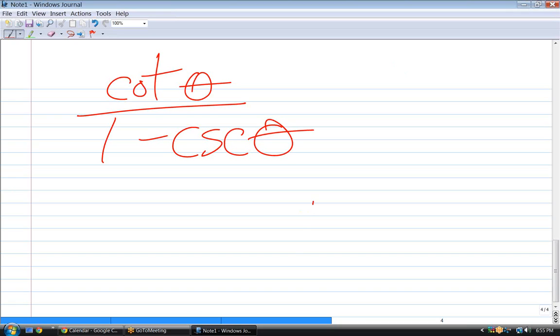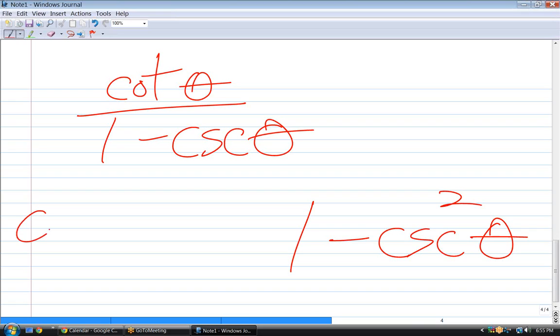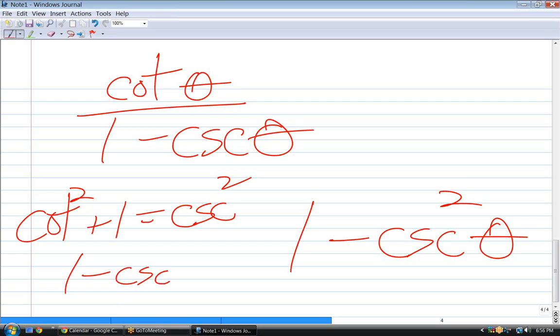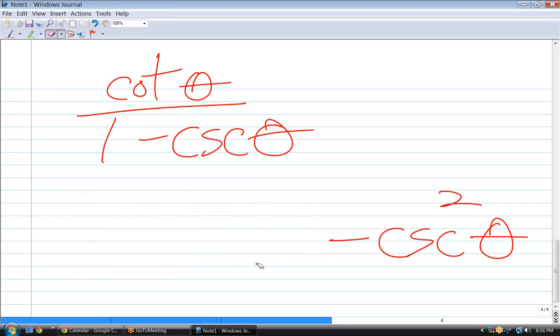I'm going to end up with 1 minus cosecant squared of theta, but that isn't equal to anything. Is it? Let's see. Cotangent squared plus 1 equals cosecant squared. So, yeah, 1 minus cosecant squared would be minus cotangent squared. So, I do get somewhere by multiplying this by the conjugate.